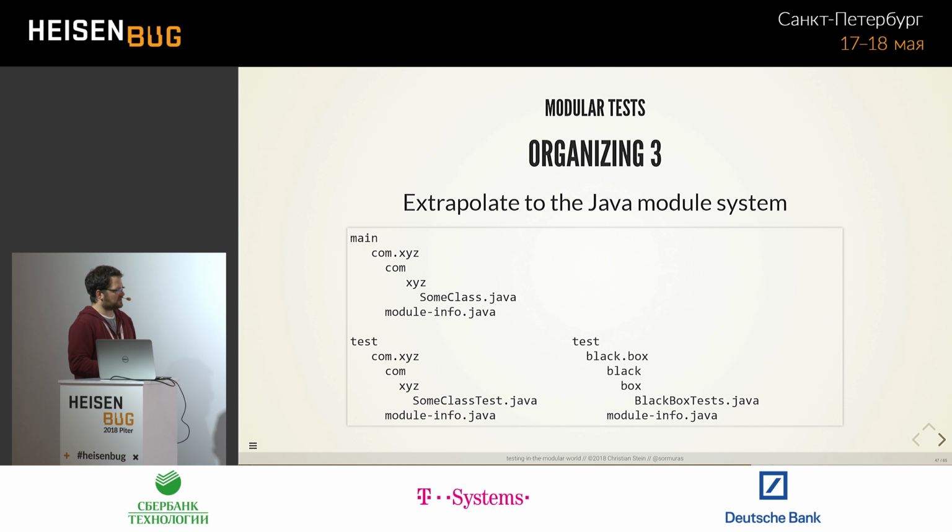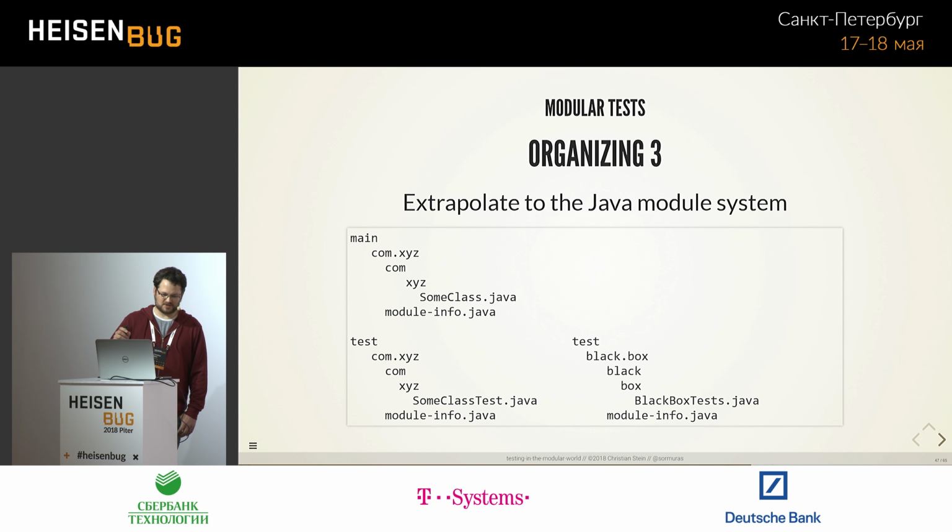If in the black box module we had a package called com.xyz, it will fail again, because a package name has to be unique too. So you can't inject another package into another module, or the same package, and have it split somewhere. So it's a split package failure.